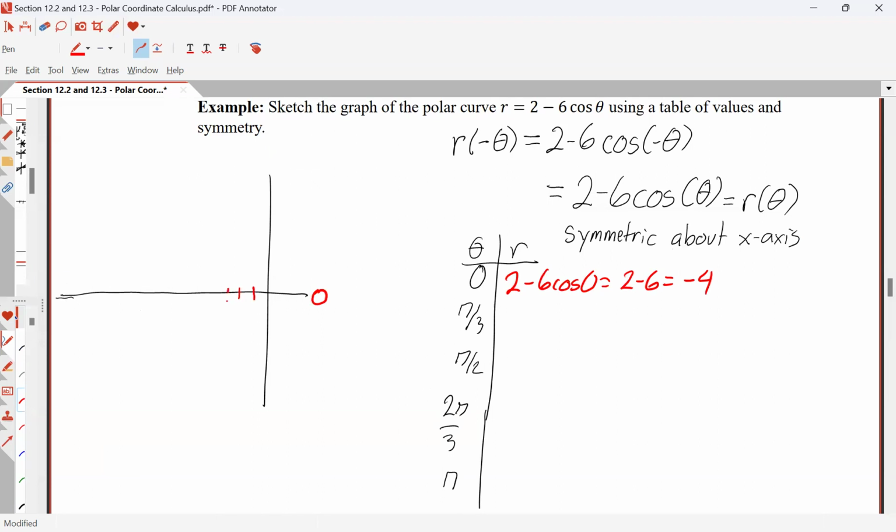So when theta is 0, our radius is negative 4. Next, we're looking at pi over 3. When we plug in pi over 3, we get 2 minus 6 cosine of pi over 3. And cosine of pi over 3 is 1/2. So 2 minus 6 times 1/2, which is negative 1. So at our angle of pi over 3, instead of a radius of positive 1, we have a radius of negative 1.